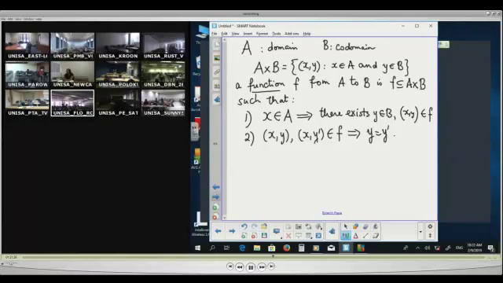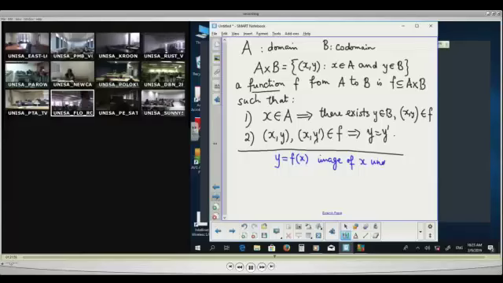Firstly, since this y is unique, we often write y equals f(x), and call y the image of x under f. F is the function. F is the black box.